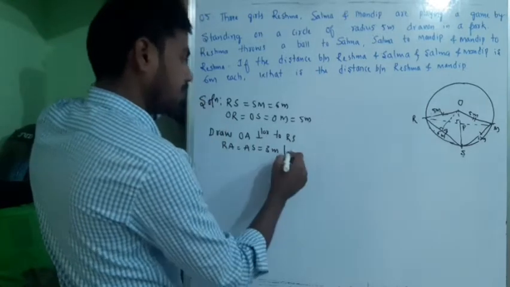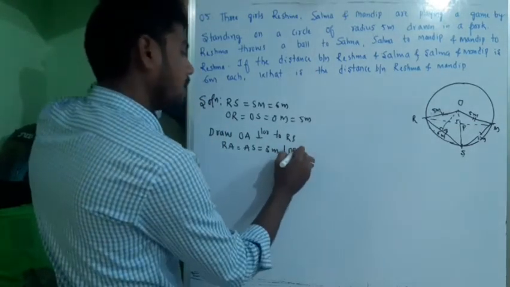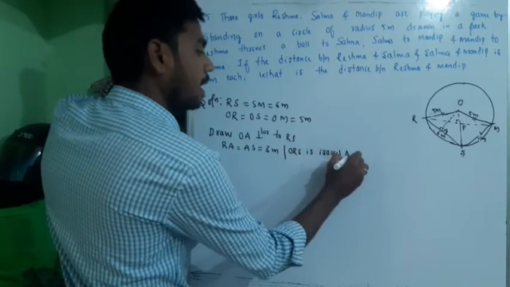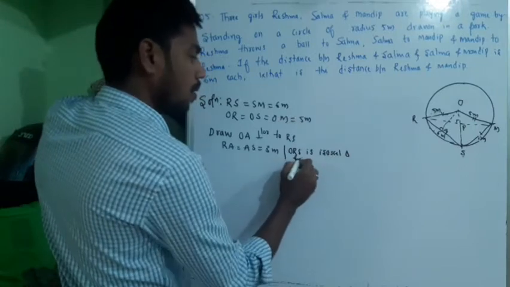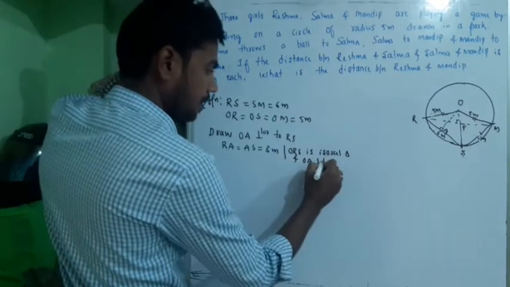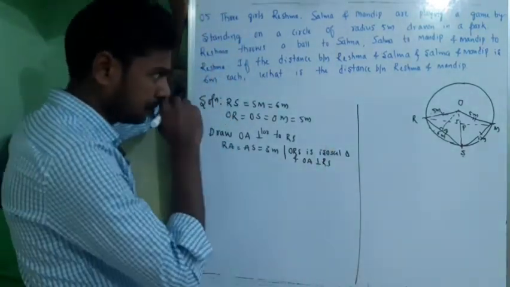So, because what you are going to write, ORS is an isosceles triangle and OA is perpendicular to RS. This is the reason.